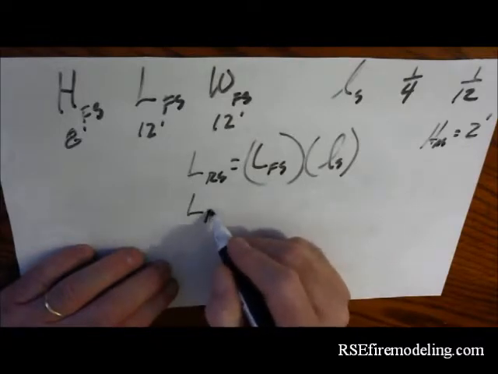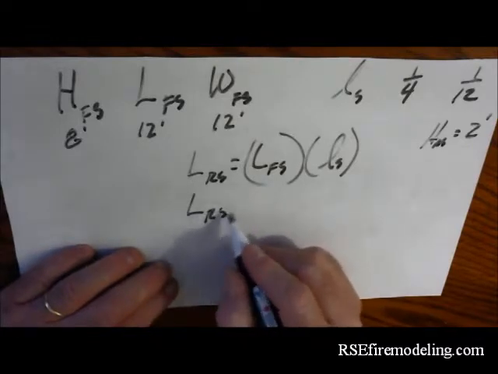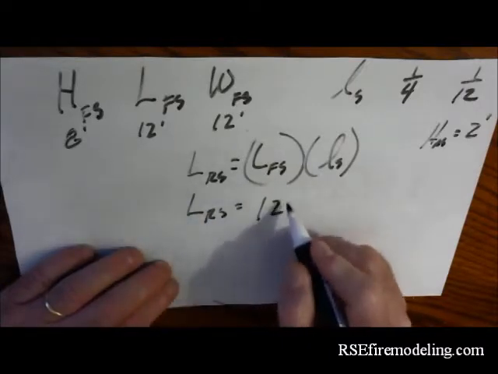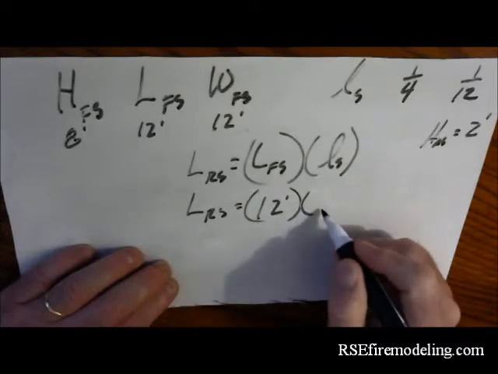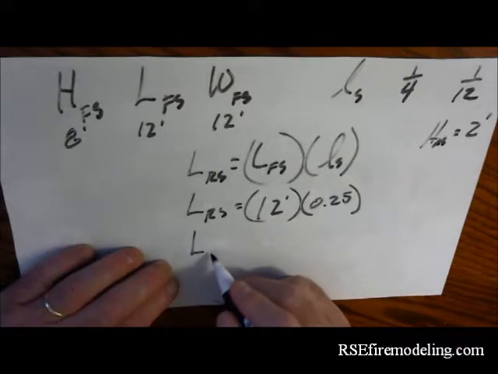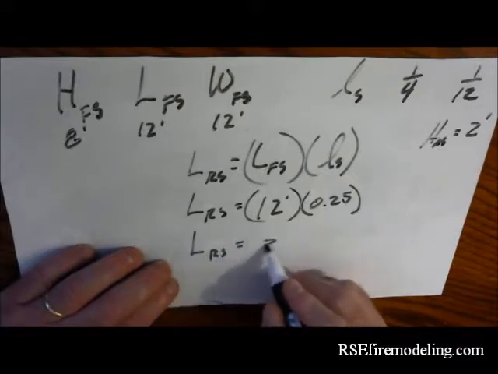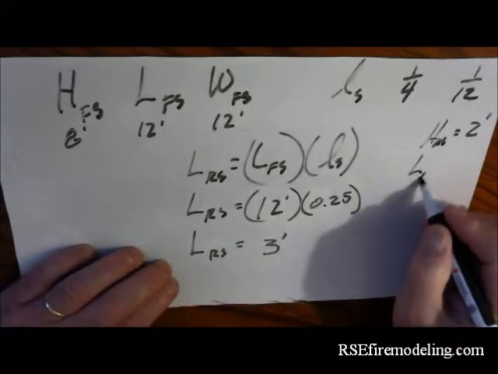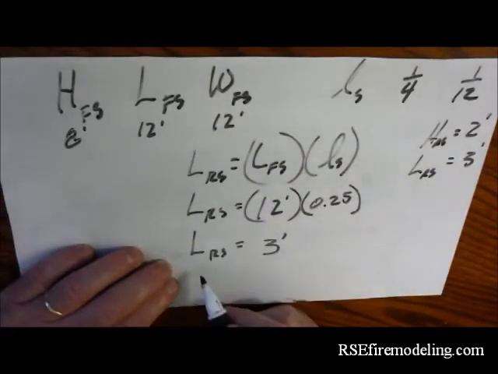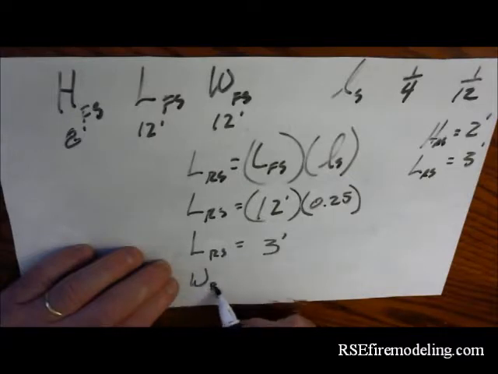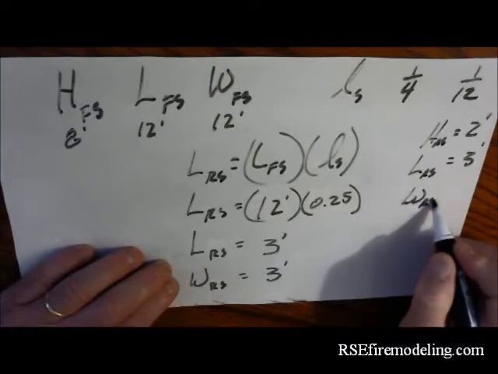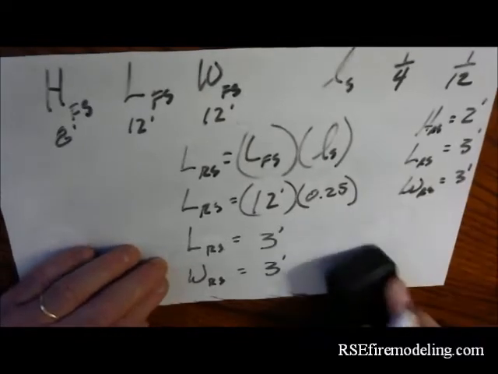We'll fill in the numbers: the length of the full scale enclosure, in this case, is 12, times the length scale, again 0.25. Therefore the length of the reduced scale enclosure is equal to 3 feet. And if you notice, the width has the same dimension, therefore the width of the reduced scale enclosure would be 3 feet.